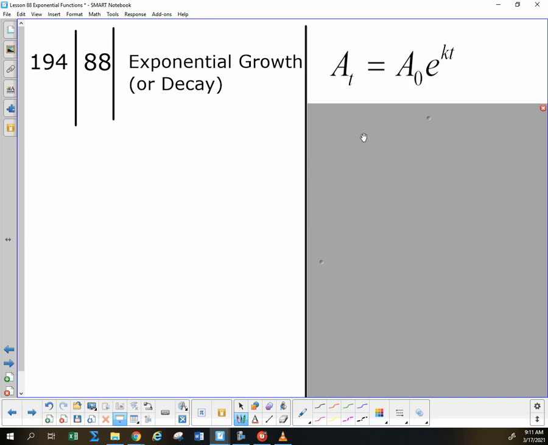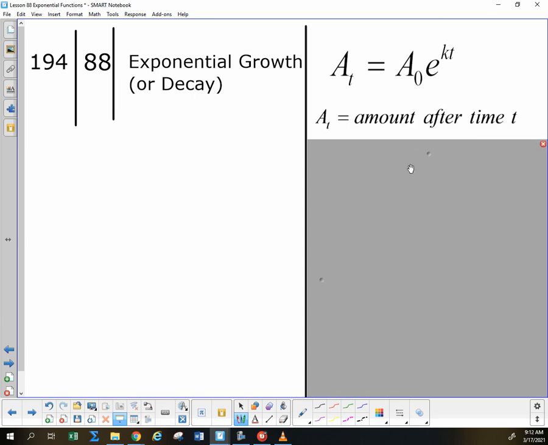And it is going to be the amount at time t equals, so A(t) is the amount after some time t. 10 seconds, 10 days, whatever the units might be. A0 is the amount at time 0.